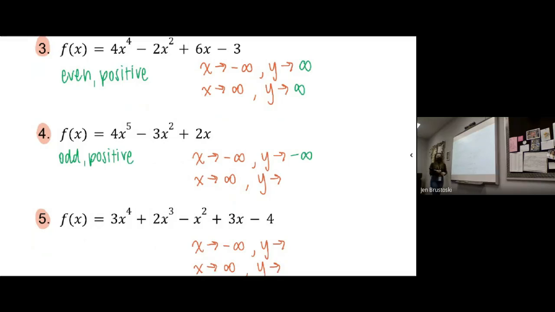What do you think, Jake? As x is approaching infinity, you're going that way. Where's y going? Yeah, positive infinity.